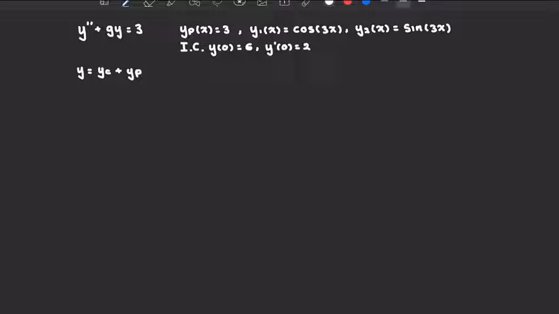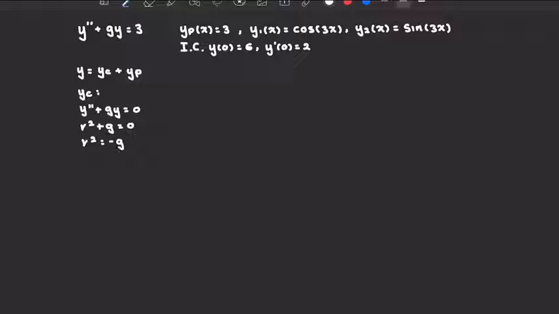So let's start by solving the yc, or the complementary solution to this ODE. So yc is just the second derivative of y plus 9y equals 0. And let's do our same exact steps, which is converting this ODE into a characteristic polynomial and solving it to see how many roots we get.